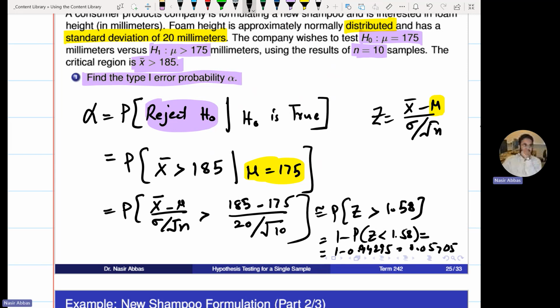So it is 5.705% alpha. With that rule, you were actually working with almost 5.71% alpha.